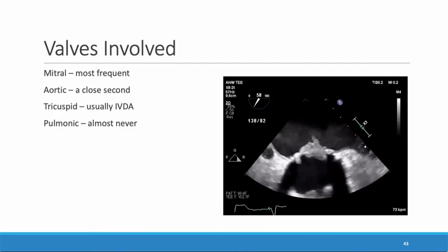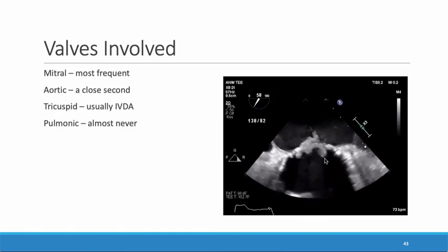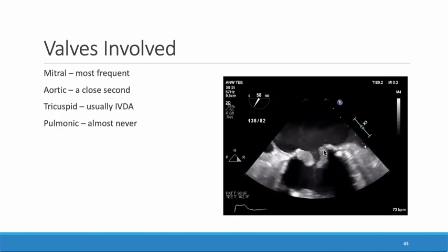So the most often involved valve is the mitral valve, and here is an example of a very ugly looking vegetation on 2 leaflets of the mitral valve. So this should all look neat and should sort of look like this segment all the way across.